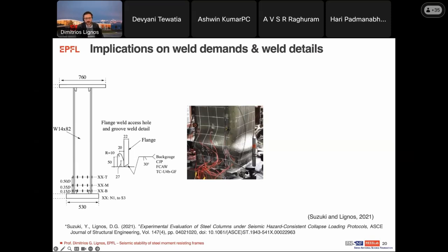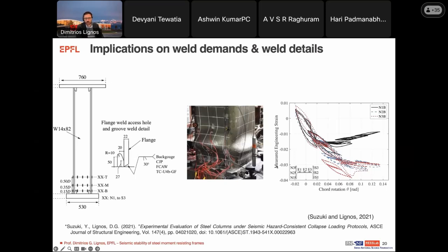And if you monitor the engineering strain near the welded region, you see that once you have local buckling forming away from the weld, the strain demands near the welds would actually cap, and that would mean that welds are not going to be pushed a lot as we originally thought.